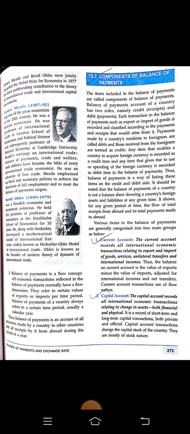So current account transactions are of flow nature. Capital account: the capital account records all international transactions related to change in assets, both financial and physical. It records short term and long term capital transactions, both private and official. So capital account transactions change the capital stock of the country. They are mostly of stock nature.